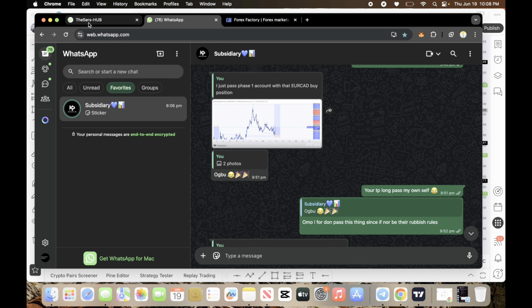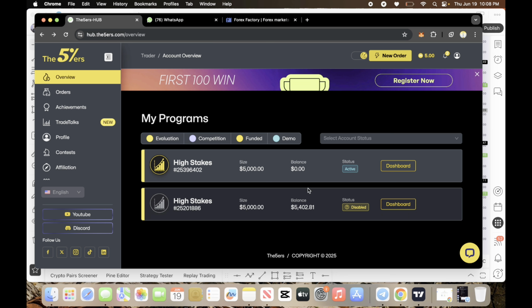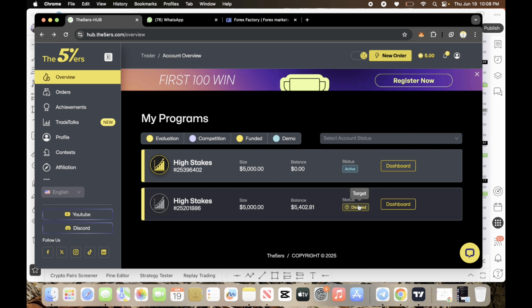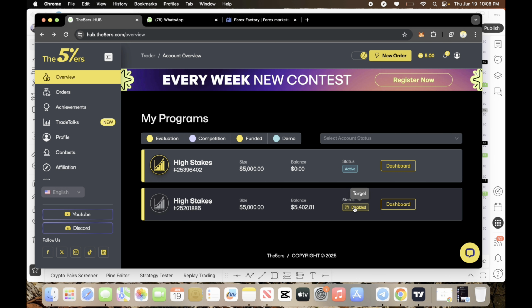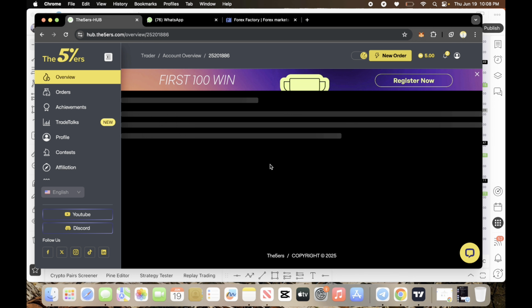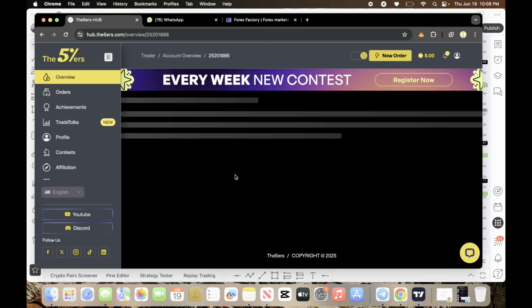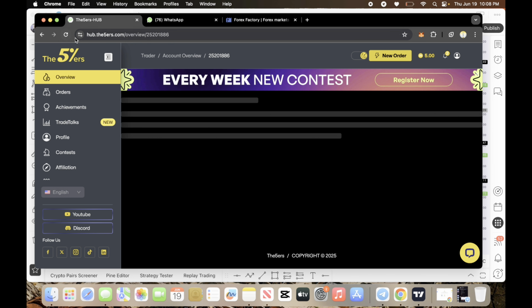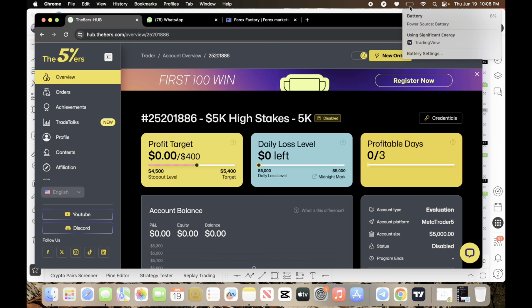Now let me show you the prop firm account. You see that I've actually passed phase 1 because phase 1 here shows disabled. If I enter, you can see that I've already passed the phase 1 prop firm account.